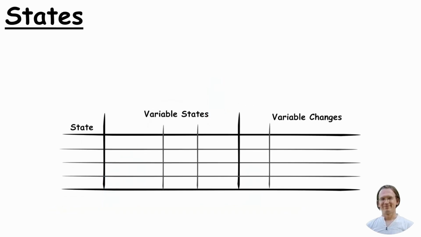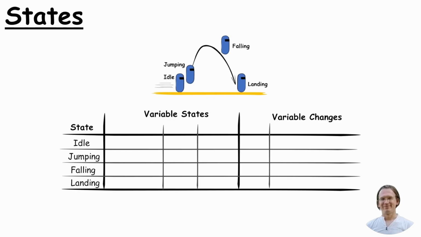In this table, we have our 4 states in the first column: idle, jumping, falling, and landing. And then we want to recognize these states by the variables that we have available. And also we want to know what we have to change on those variables. So for the variables to recognize any of these states, we need 3 things.